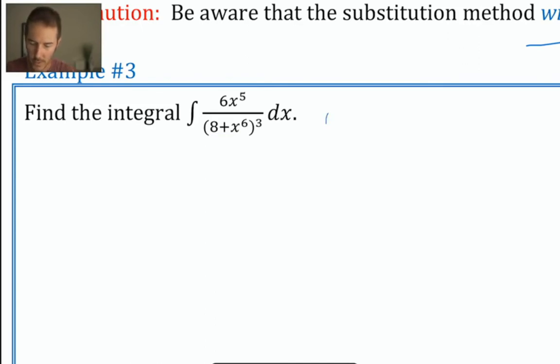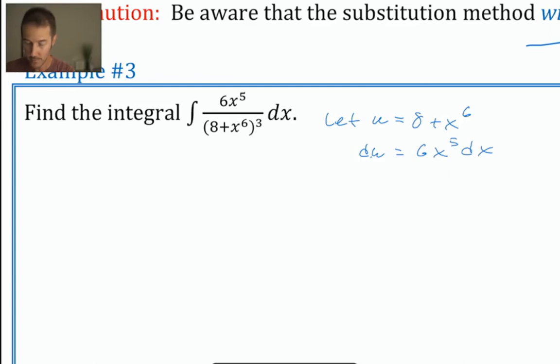So here we're going to let u equal 8 plus x to the 6. Therefore, du will equal 6x to the 5 dx.